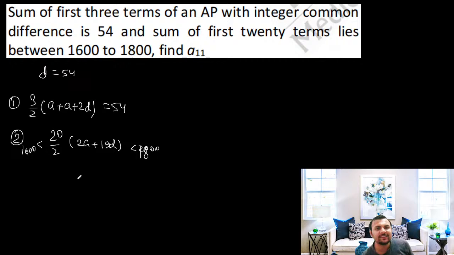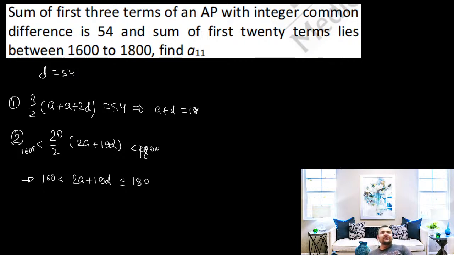So we can say that 2a plus 19d lies between 160 and 180, and this is nothing but a plus d equals 18, with integer common difference.